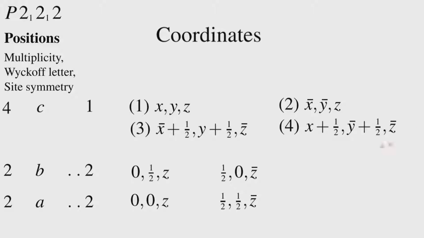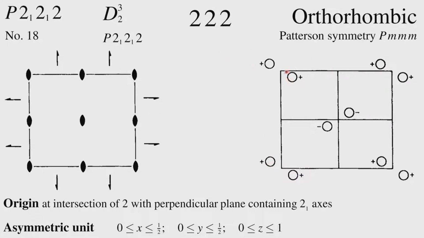So, then we get this other equivalent point x plus half, y bar plus half, z bar. So, the molecules, or the atoms or whatever the objects, arrange in this particular fashion, generating those 4 equivalent points. So, there are 4 equivalent points for P21212.